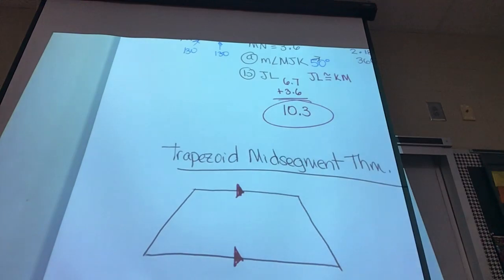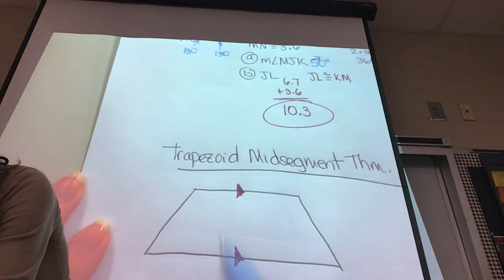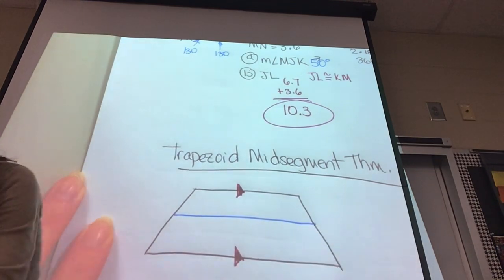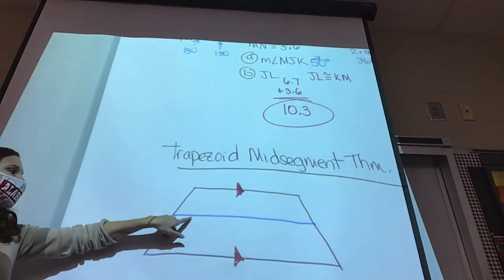The mid-segment is going to be parallel to each base, and its measure is 1/2 the sum of the lengths of the bases. So your mid-segment is going to be here in the middle between the two bases.